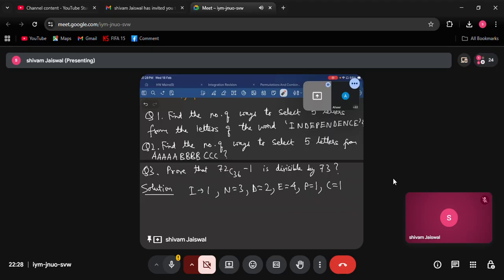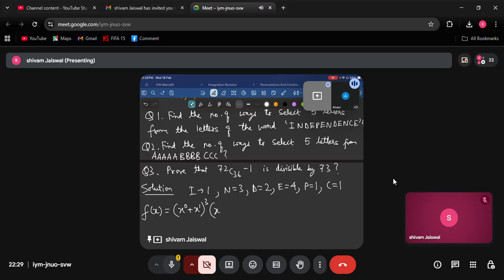So everyone, over here, either you are going to select, so f of x will be equal to, either you are going to select 0 I's or 1 I. But like this, there are 3 more: I, P, C. So x plus x to the power 0 plus x to the power 1 whole cubed, multiplied by, there are 3 N's.